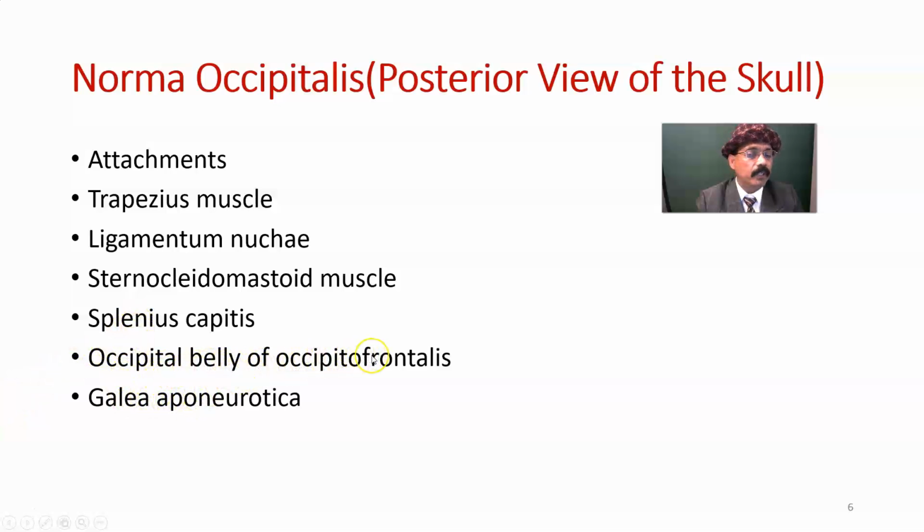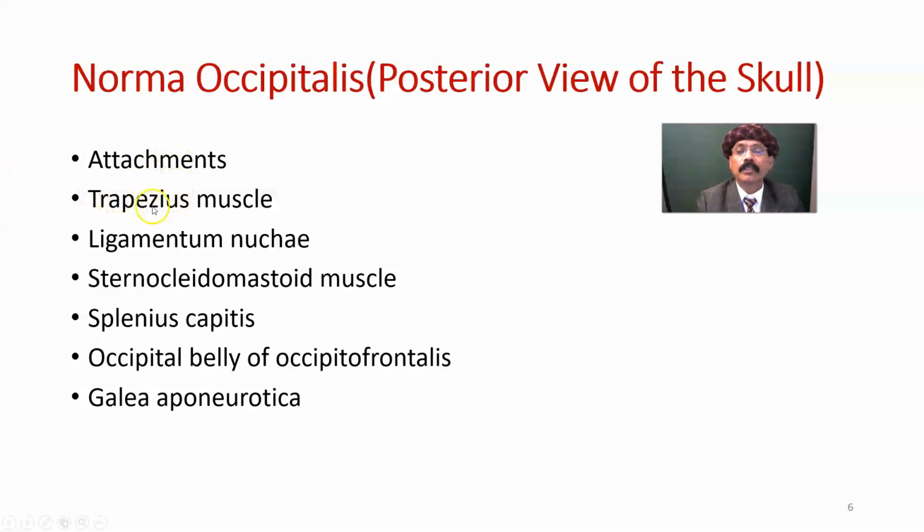The occipitofrontalis muscle is innervated by the posterior auricular branch of the facial nerve. Splenius capitis is innervated by the middle cervical spinal nerves, C4, C5, C6. The sternocleidomastoid muscle is innervated by the spinal root of the accessory nerve, and C2, C3 nerves for proprioception. The ligamentum nuchae is a ligament whose upper end is attached to the external occipital protuberance, with the other part going over the cervical vertebral spines.